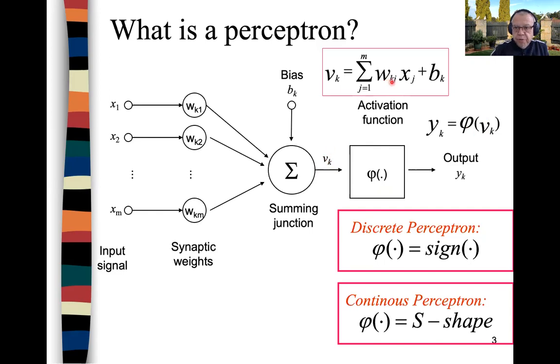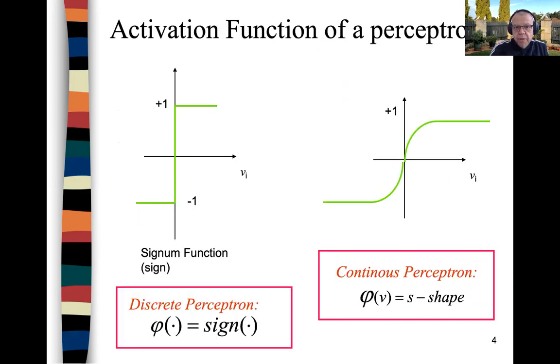Now we may have used a different notation before. In wkj, the first subscript k corresponds to the node k, and then j goes from 1 till m for this input pattern. So there are two types of activation functions.